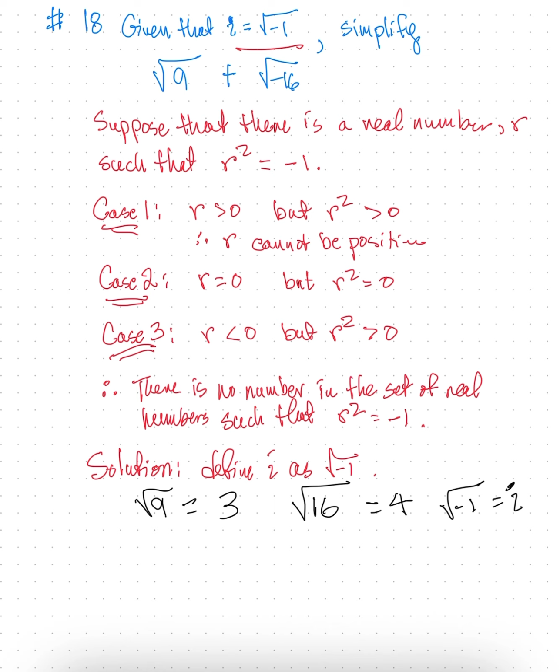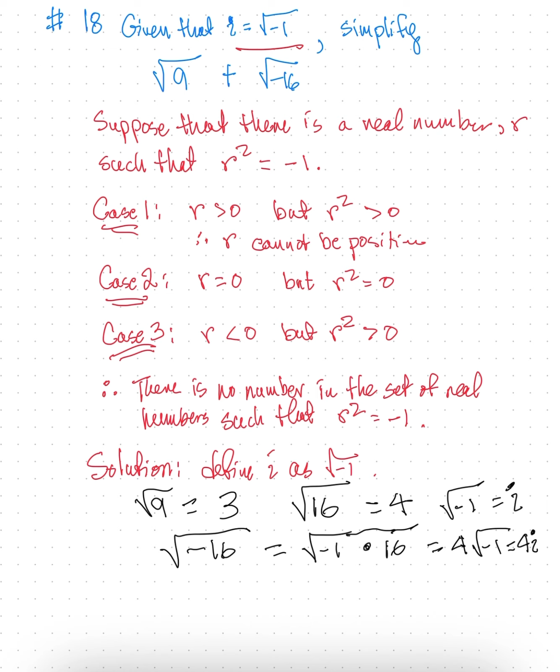The square root of negative 16 would be the square root of negative 1 times the square root of 16. If I simplify that further, I would have 4 times the square root of negative 1, and that would just be 4i.